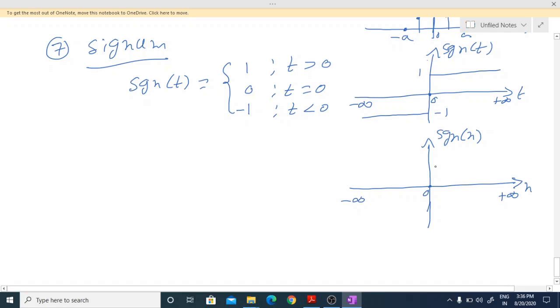So here the amplitudes are at 1, 2, 3, 4, 5, 6 and so on. The amplitude is 1, and here the amplitude is minus 1 in case of minus 1, minus 2, minus 3 and so on. So in this way we can represent the signum function in the discrete case.